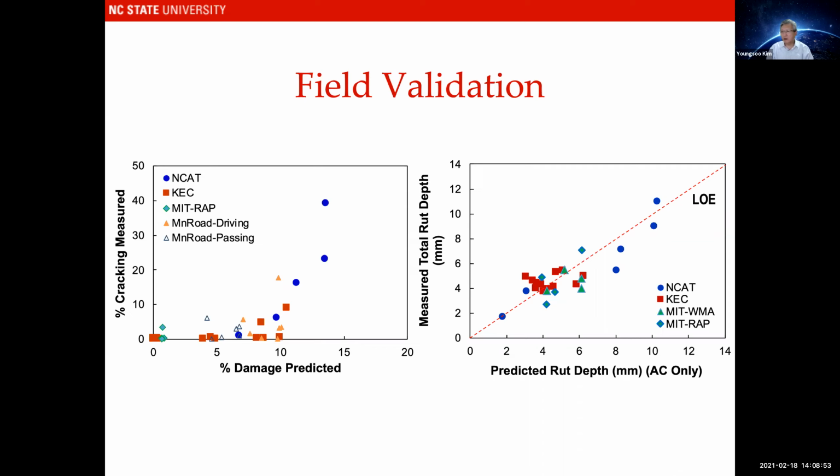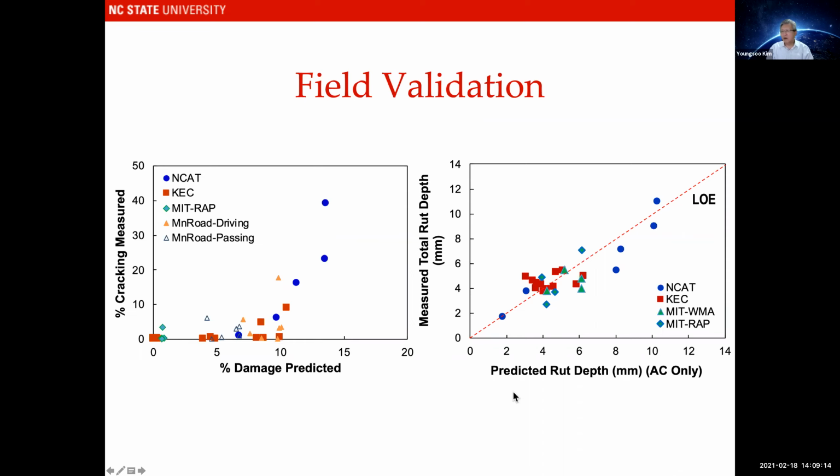We don't have any depth correction factor because this is a stress-based model, not a strain-based model like PavementME. I think that's one of the major reasons why we didn't have to do that kind of depth correction, and just straightforward testing, stress rate rutting into FlexPave, we get this kind of results.